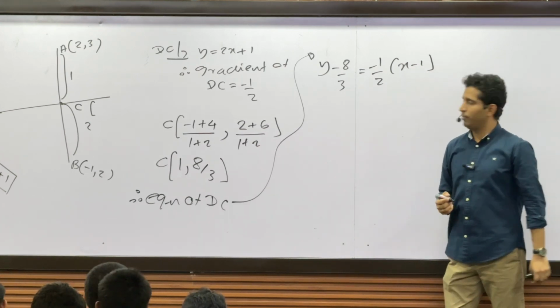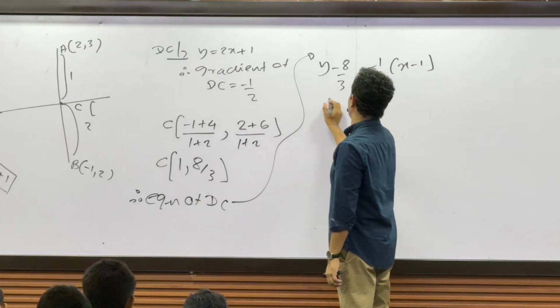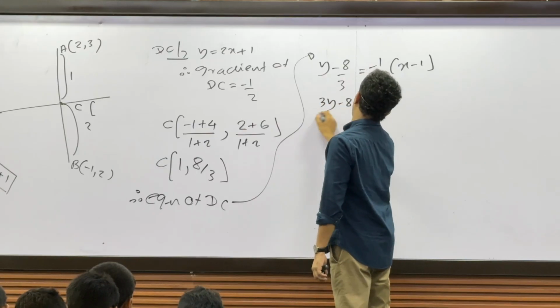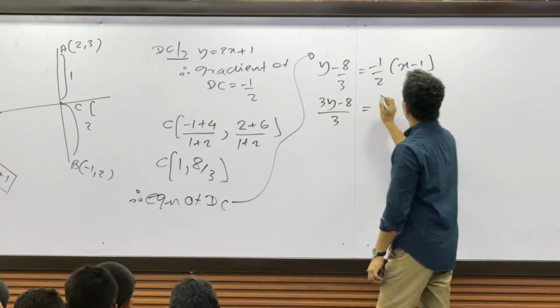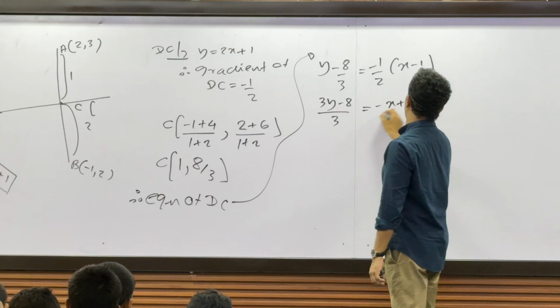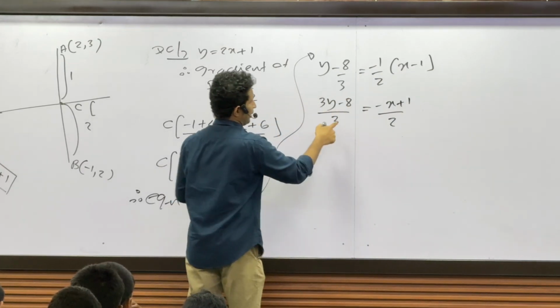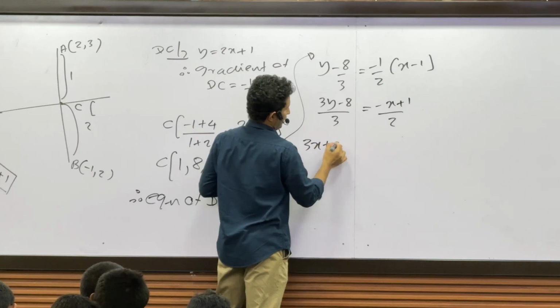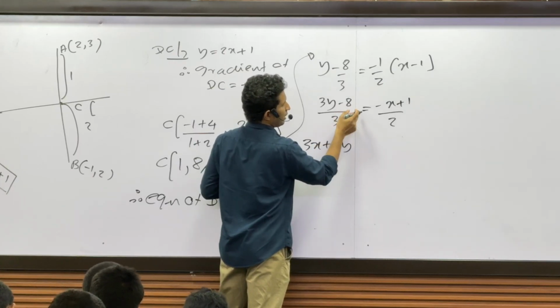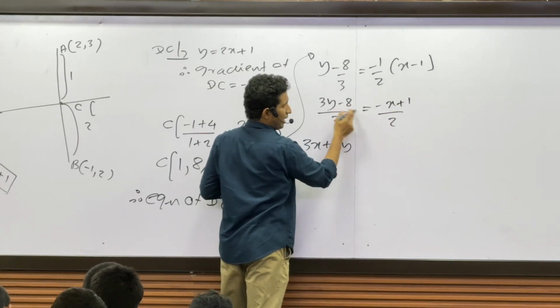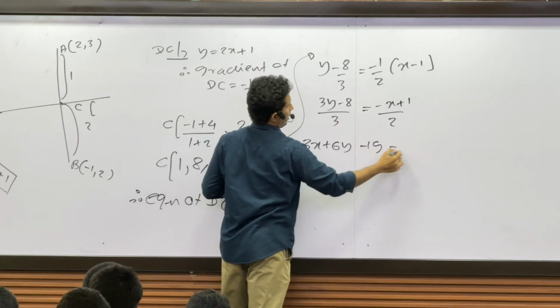So we have y minus 8 over 3 equals minus x plus 1 over 2. Take the cross multiplication. That gives minus 3x plus 6y minus 16 plus 3, that is minus 19 equals 0.